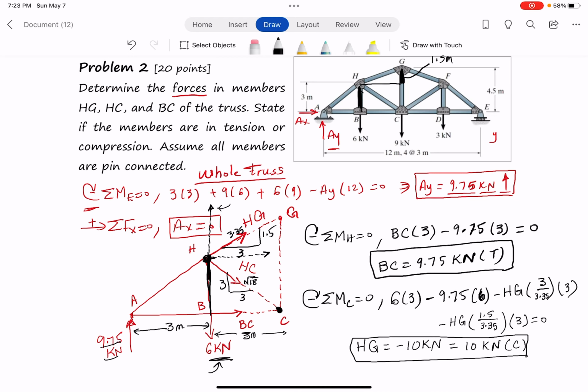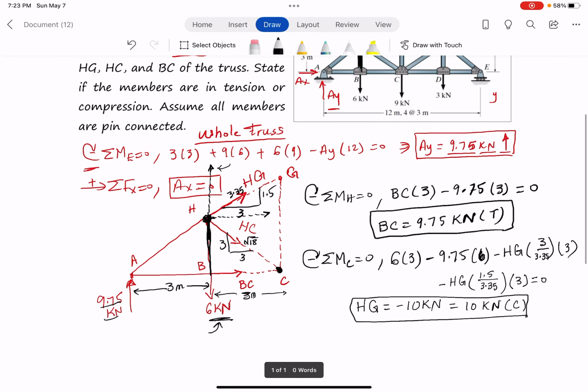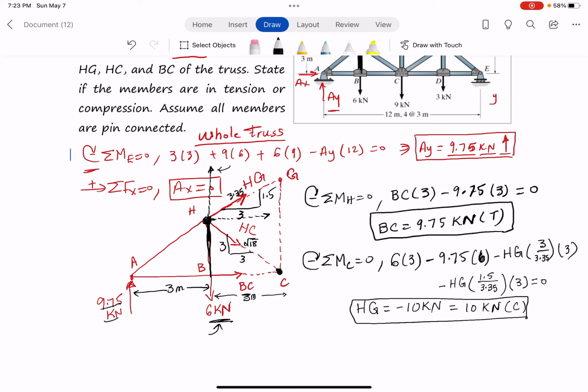Okay, now what is the last one? It is to find HC. Do you want to do another summation of moment? You could, but the best is to do summation of forces at y. Summation of forces at y, much easier, equal to 0. So we have 9.75, let's put all the point loads, minus 6. You don't include BC because BC is in the x-axis.